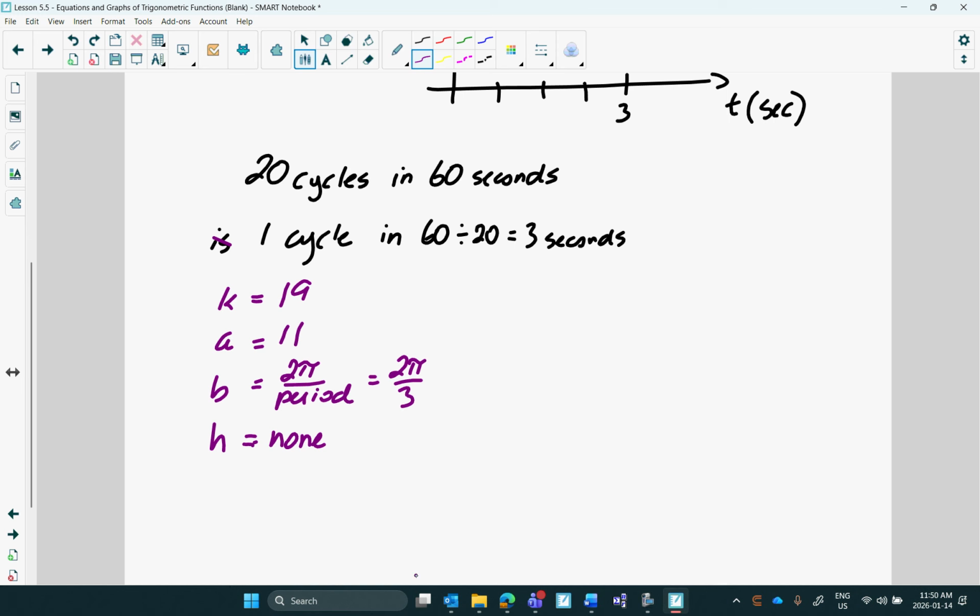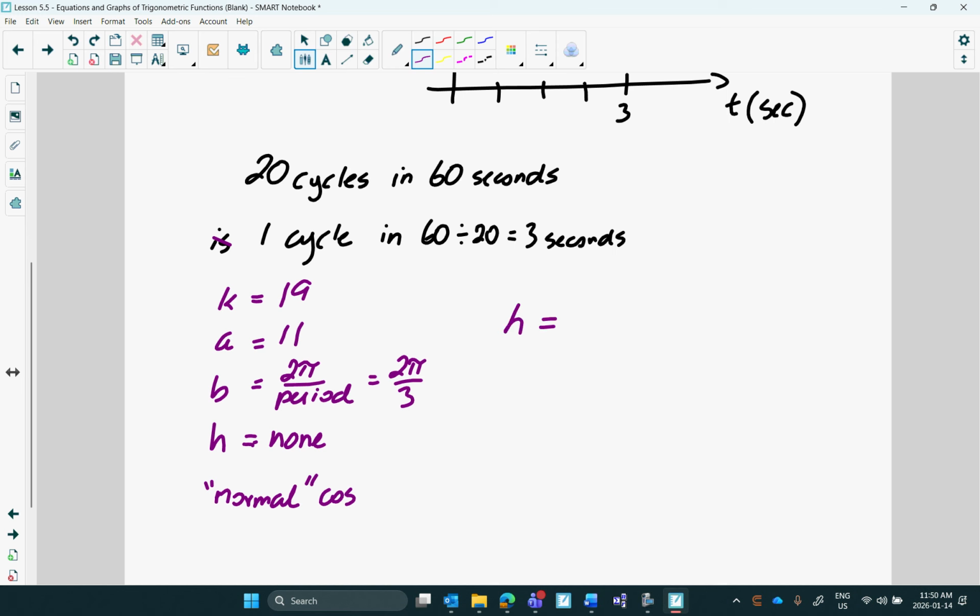Is it a normal sine or cos or a flip sine or cos? Normal cos, right? It's a normal cos. So I'll just put normal cos. So I don't have to add anything. So my equation is going to be, remember, instead of y, I'm going to put h.